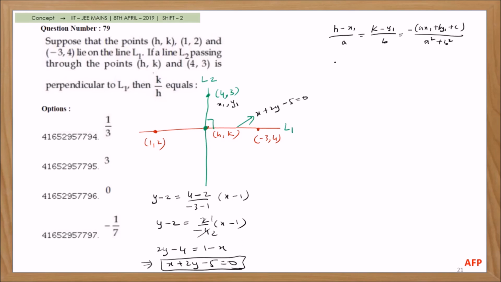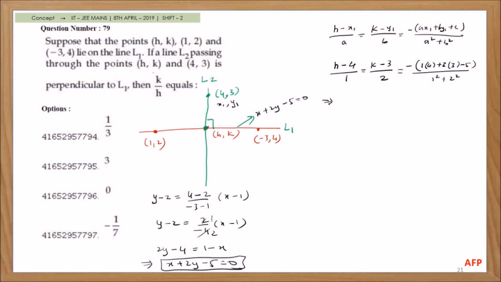So this implies (h minus 4) divided by a, the a value is 1. So this implies (k minus 3) divided by b, the b value is 2, and minus, so 1 into 4 plus 2 into 3 minus 5 whole divided by 1 square plus 2 square.